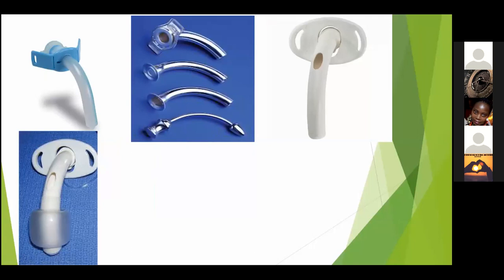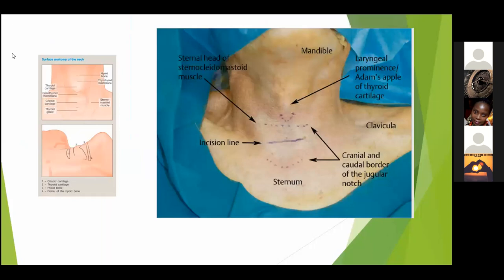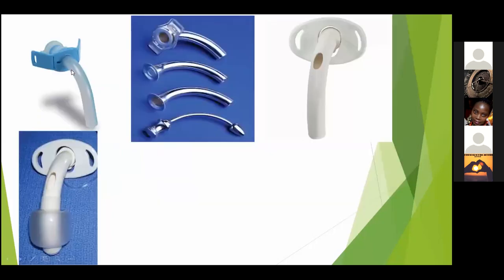For someone who needs a tracheostomy for a long time, the metallic one would be good, but they're not readily available. What is more available are the synthetic ones compared to the metallic ones. Another thing is that the metallic ones can be reused by more than one person if they are sterilized, which is not the same for the synthetic. These ones are single use.